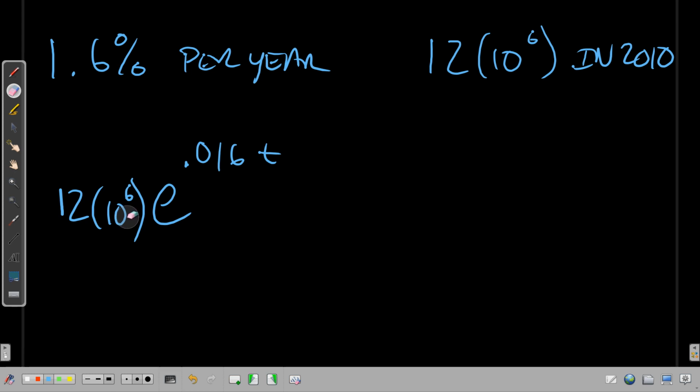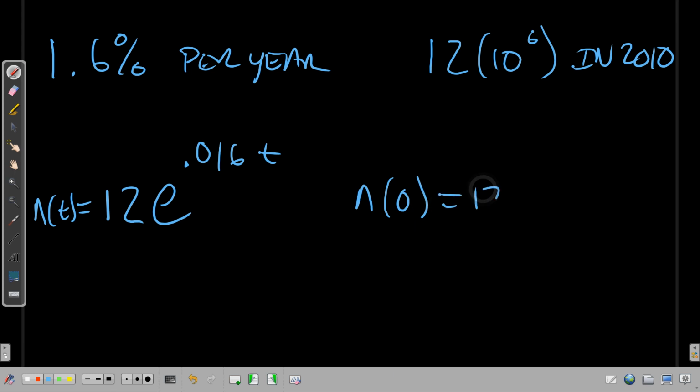Oh, they want the model to be in millions, so I don't need a 10 to the 6 there, we just need 12. So if this is a function n of t, then n of 0 is 12, indicating that there's 12 million fish.